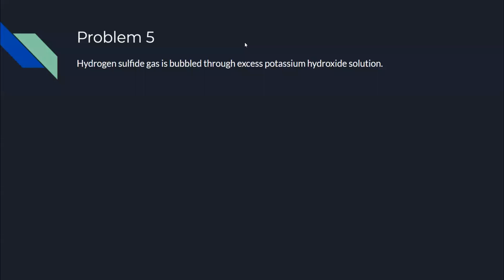Next one. So hydrogen sulfide gas is bubbled through excess potassium hydroxide. So another fun one. Hydrogen sulfide gas is H2S. Potassium hydroxide is KOH.